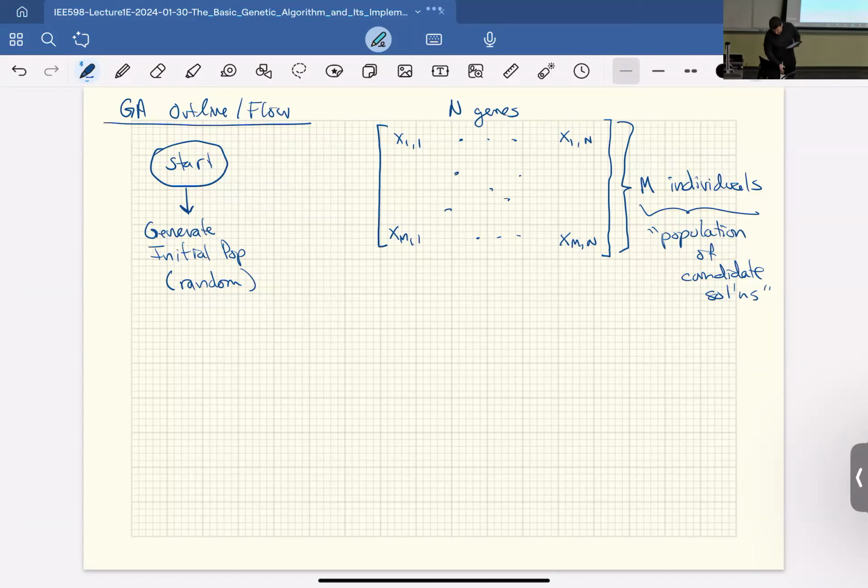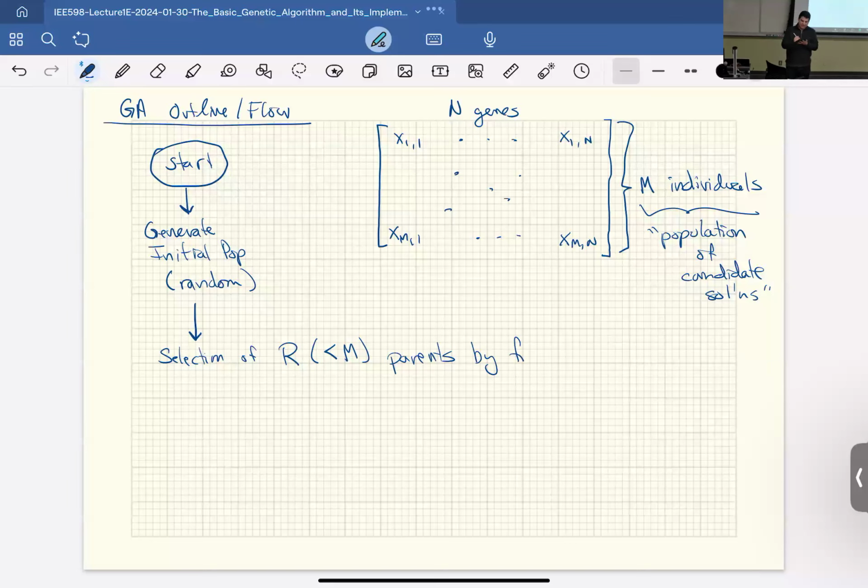Okay. And then you go through a selection step. So we're going to select R parents, where R is a parameter less than M, by fitness.